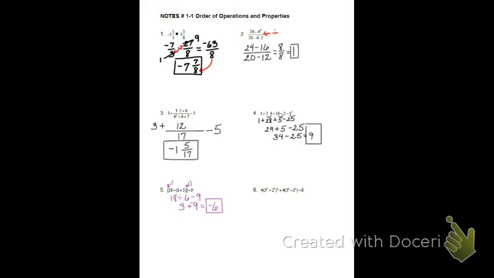Number 6 is quite involved. I'm going to suggest you put this in your calculator. I'm not going to show it, but go ahead and put it in your calculator, remembering that exponent uses the way you would write this in the calculator.